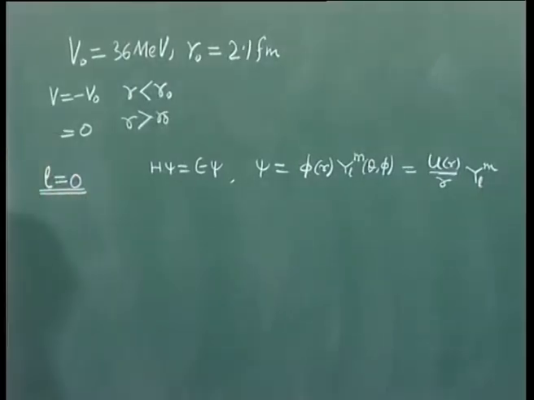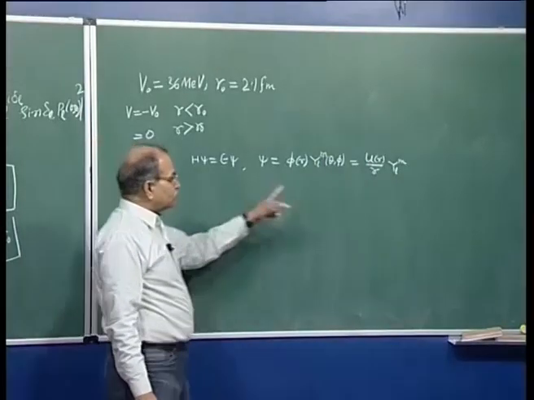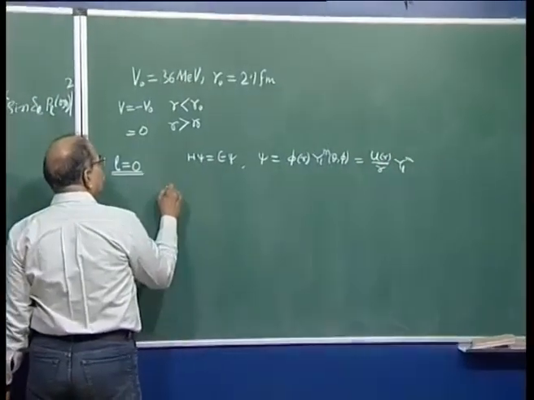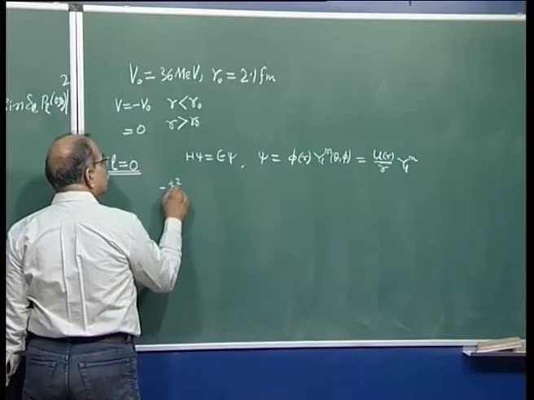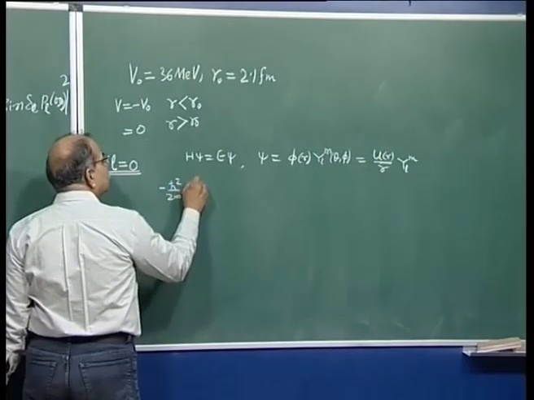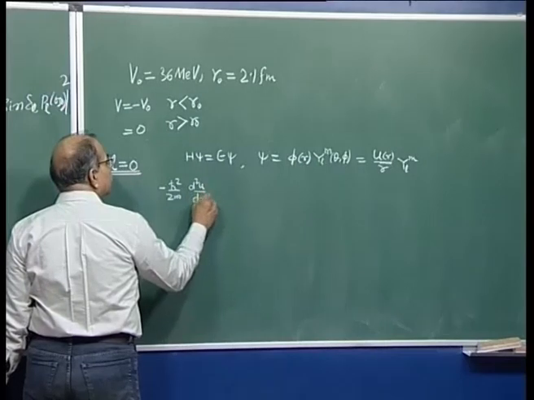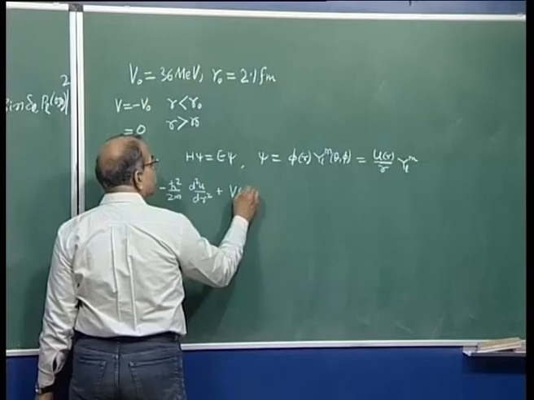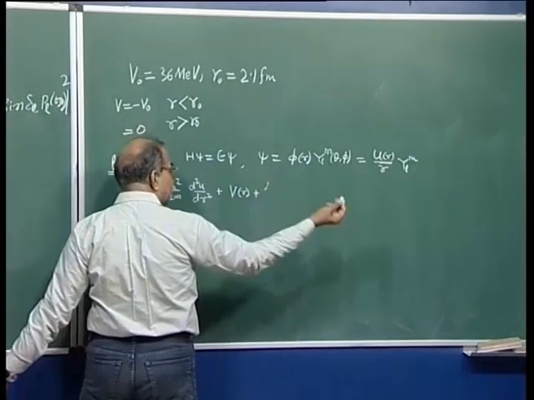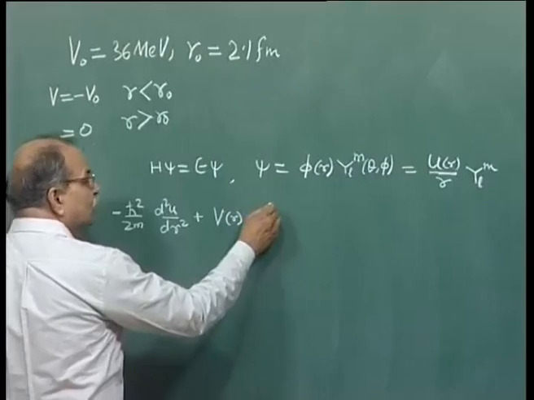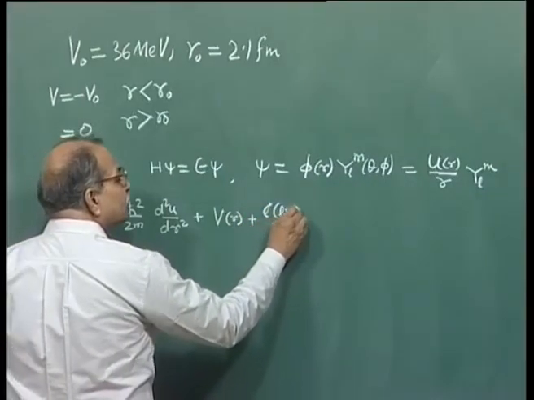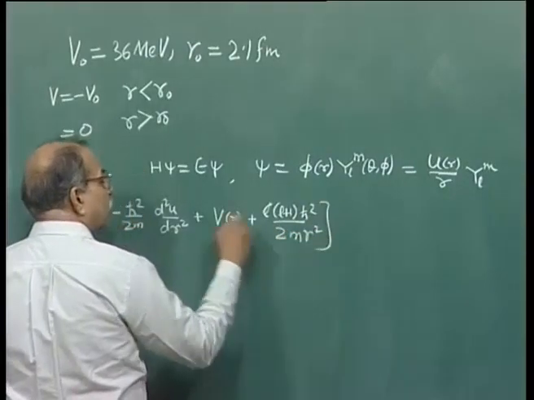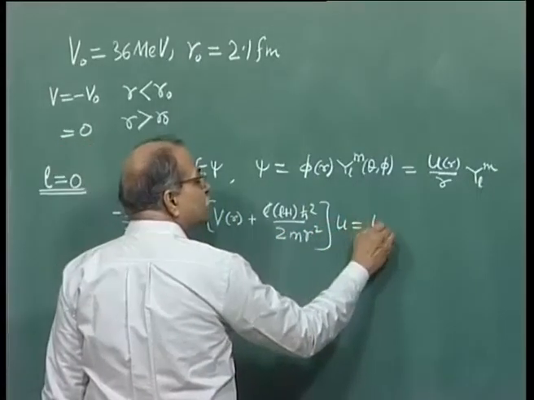Since we are doing L equal to 0, the angular part is going to be constant, and for u your differential equation is minus h cross square by 2m d2u dr square plus V of r plus L L plus 1 h cross square by 2m r square times u is equal to E u.